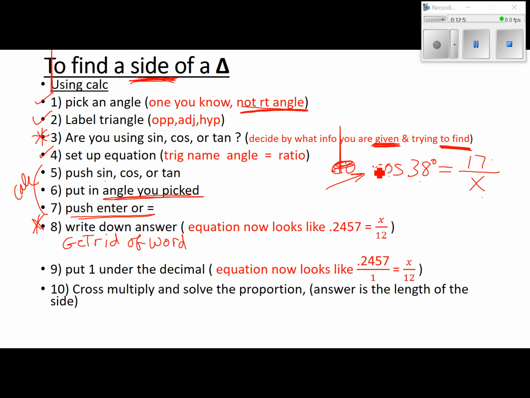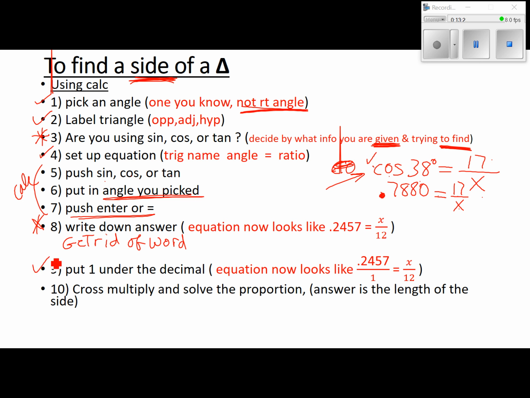So we're punching this into our calculator, and I'll actually punch it in here so I don't mess anybody up. We punch in cosine 38, it equals, and it tells me 0.7880. So now my equation looks like this. It's got a decimal on this side, equals 17 over x on the other side.